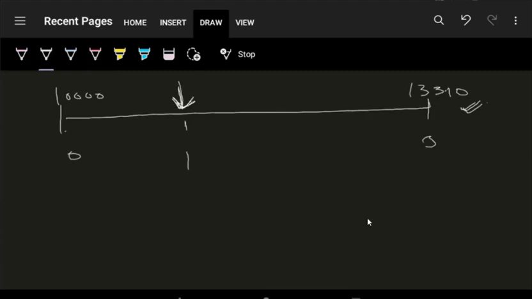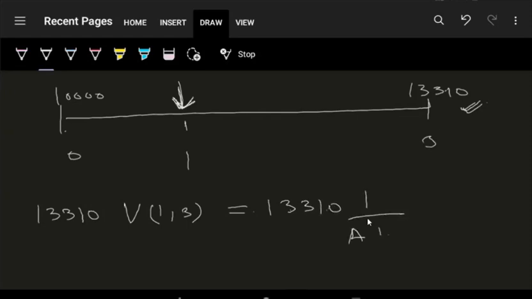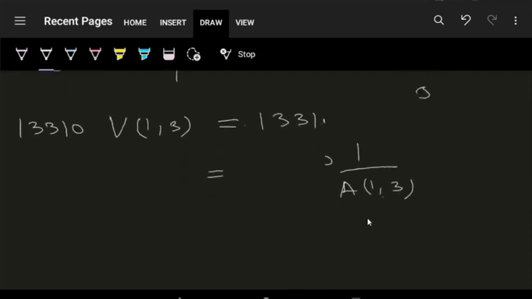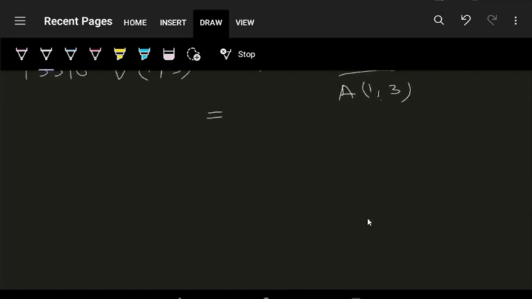Then what I will do, I will write 13,000, this into the discounting factor 1 to 3, that is the accumulation factor of 1 to 3, that is 13,310 into 1 upon 1.1 to the square.